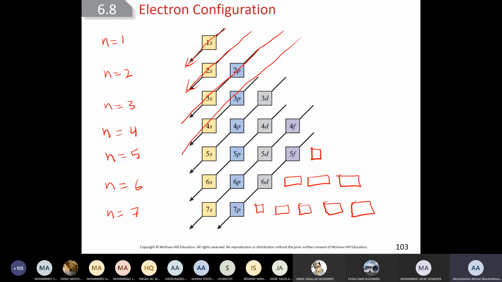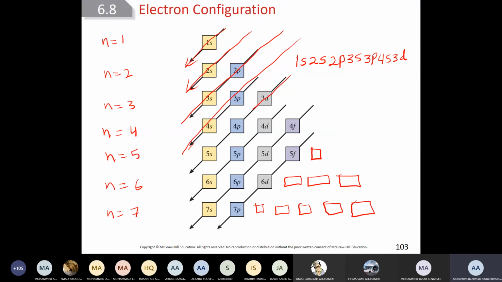So if you want to write this now, I will write 1s, and then what comes after 1s? 2s, and then 2p, and then 3s, and then 3p, and then 4s, and then 3d.